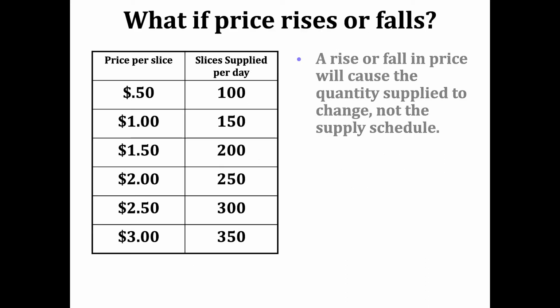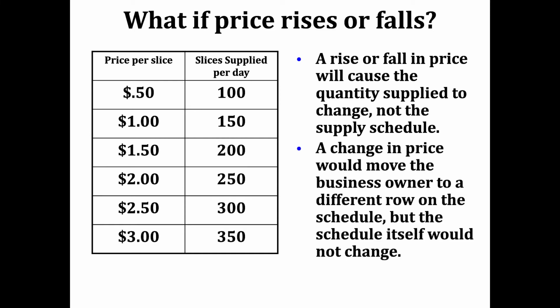Now, again, same as demand, a rise or fall in price will cause the quantity supplied to change, not the supply schedule itself. A change in price would move the business owner to a different row on the supply schedule. But again, the schedule itself would not change.